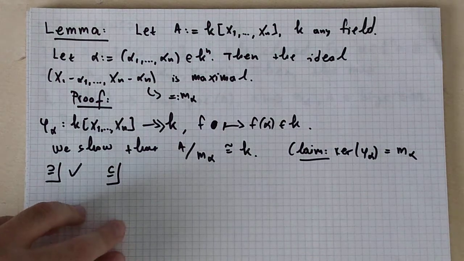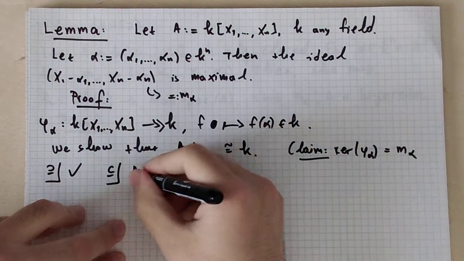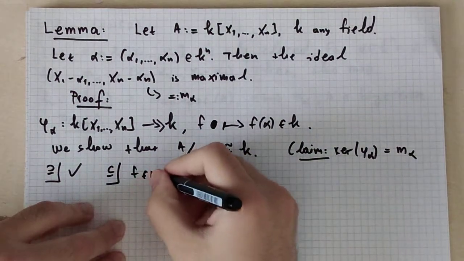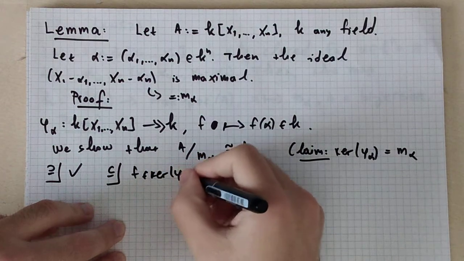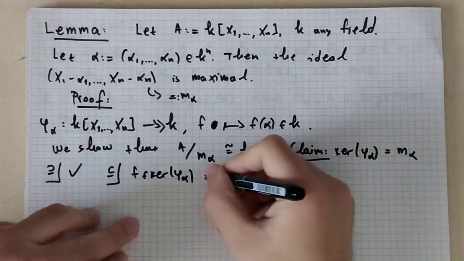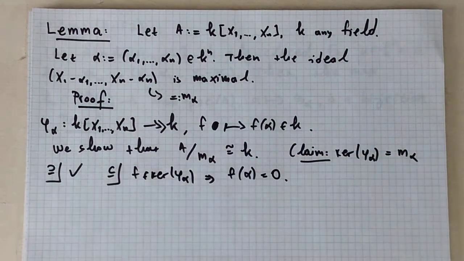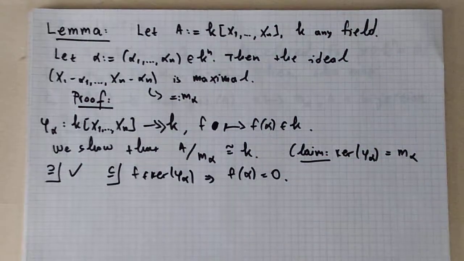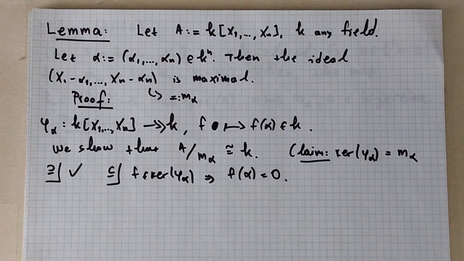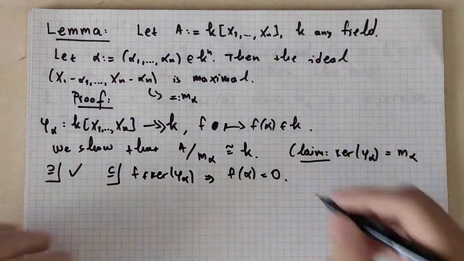Suppose that we have an element f living in the kernel of phi alpha. By definition, this means that f of alpha is equal to 0. In order to show that f is an element of m alpha, I'm going to consider f modulo m alpha.